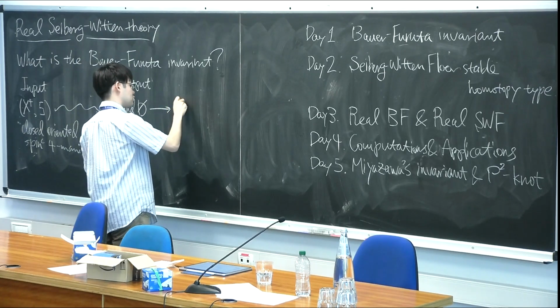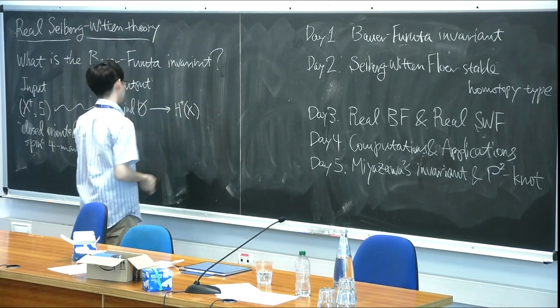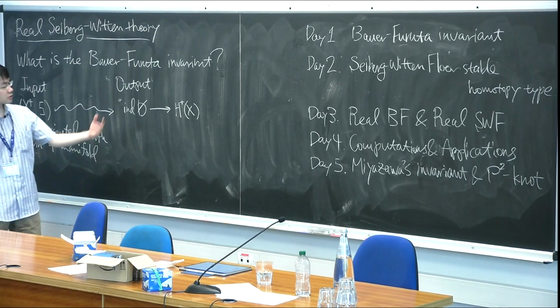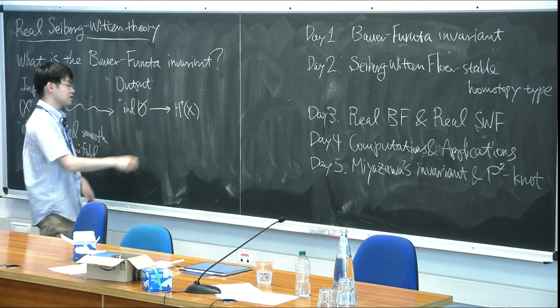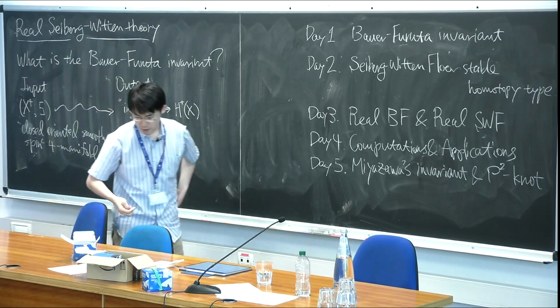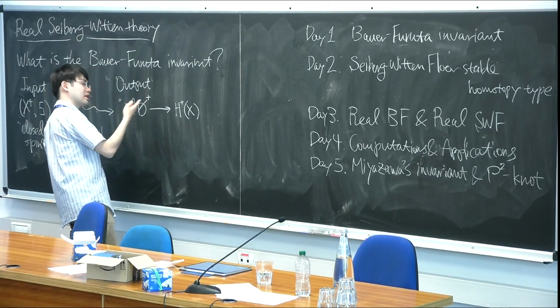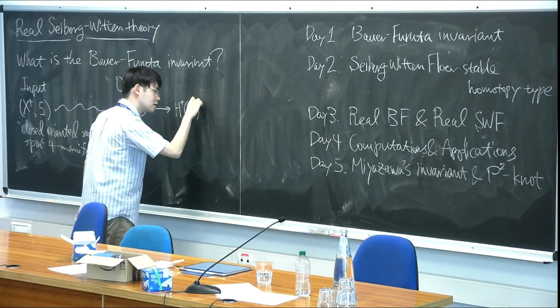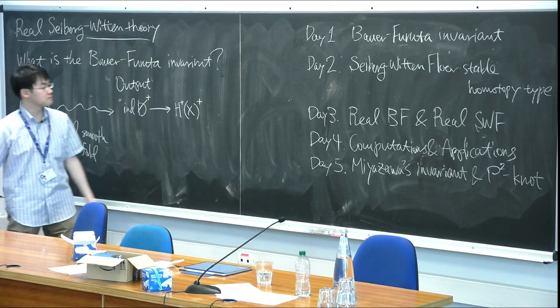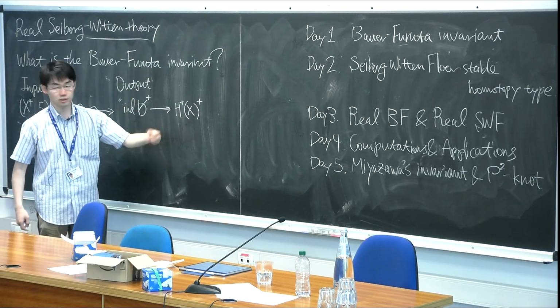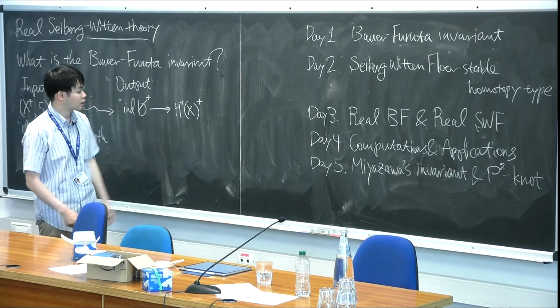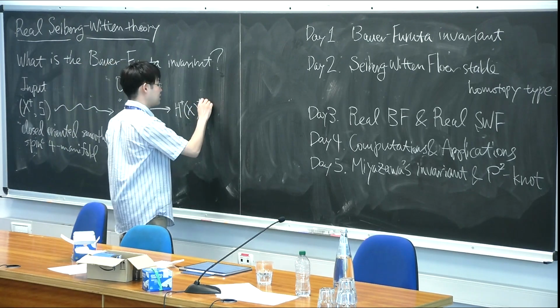The output is a map from some finite dimensional vector space, and to be precise, I will make a compactification of this, which I again will explain later. This plus mark denotes the one point compactification.